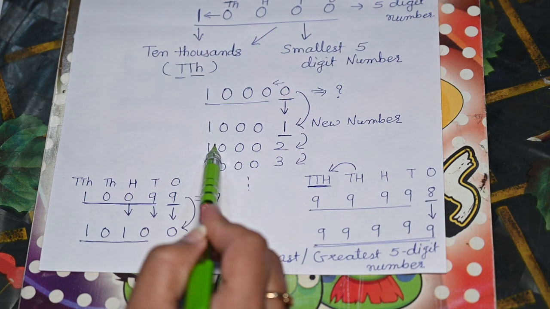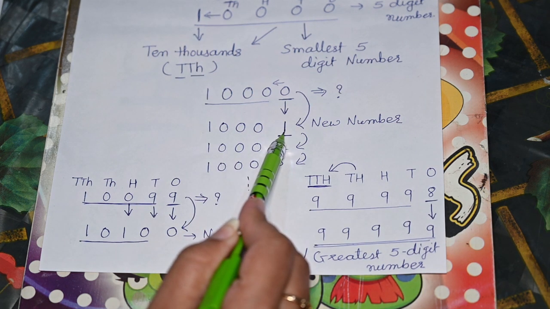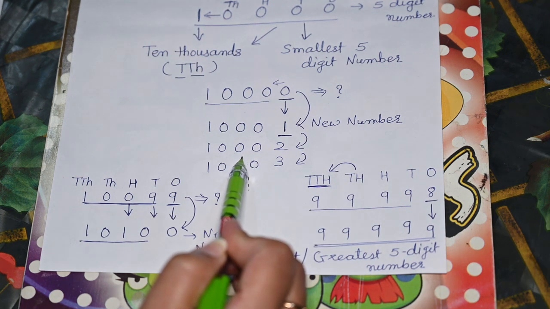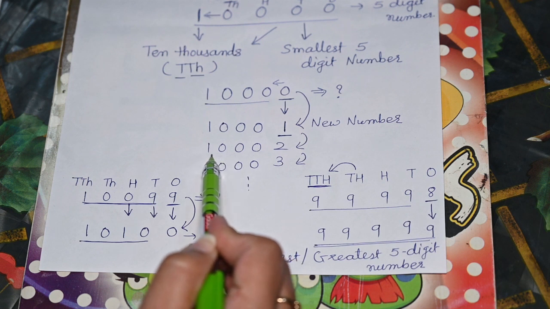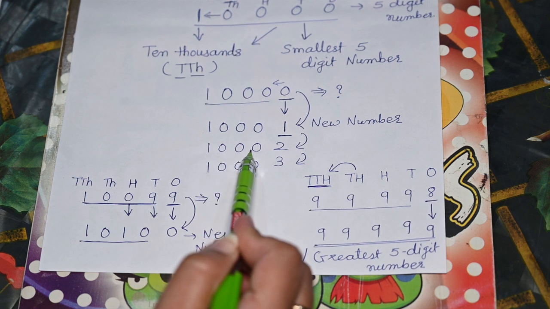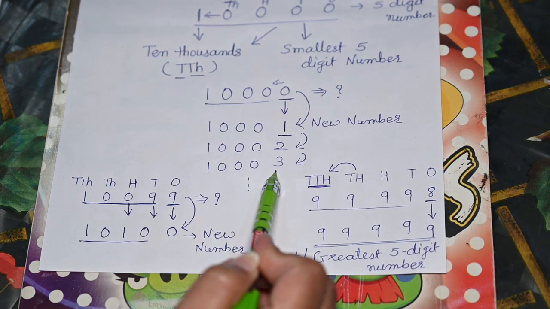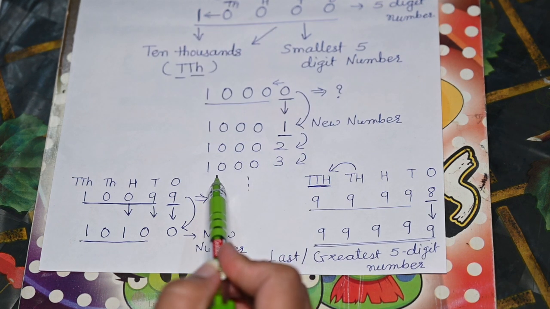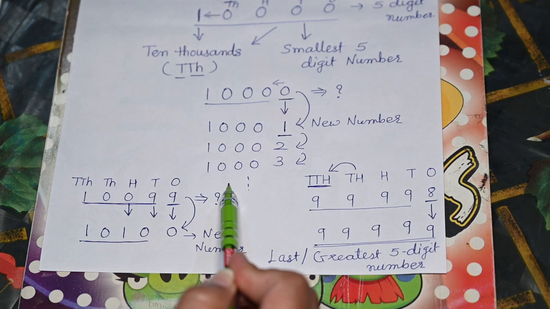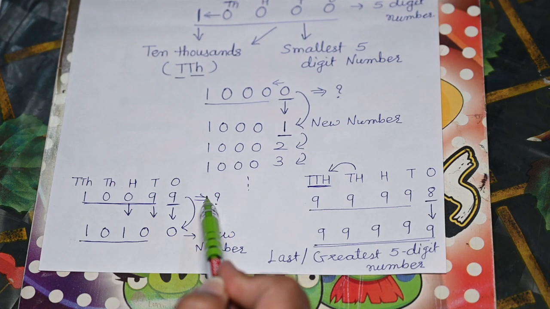So the next number will be 10001, and proceeding in this manner we can find the next numbers like 10002, 10003, and it goes on. The digits keep on increasing by 1, and we can write all the 5-digit numbers one after the other.